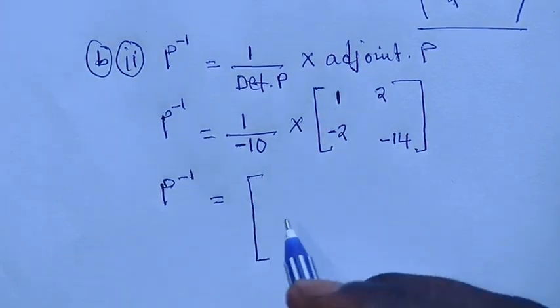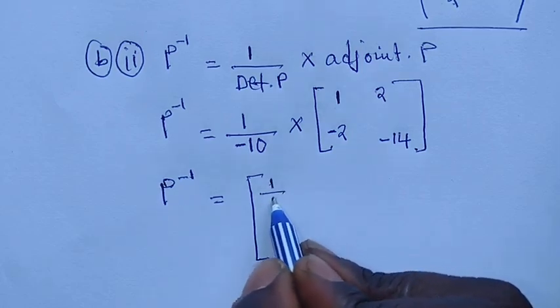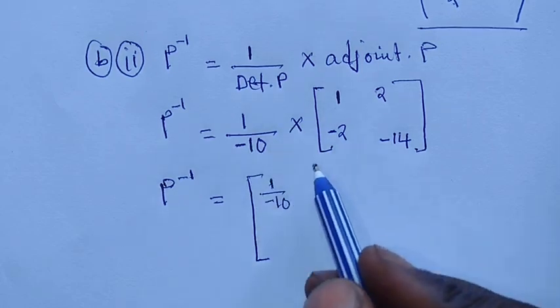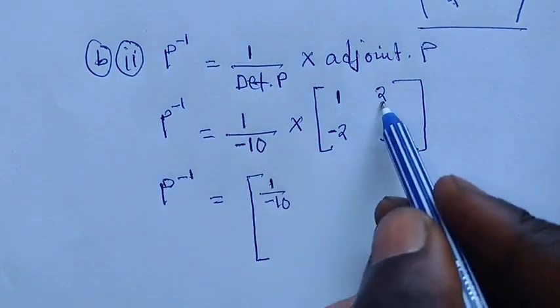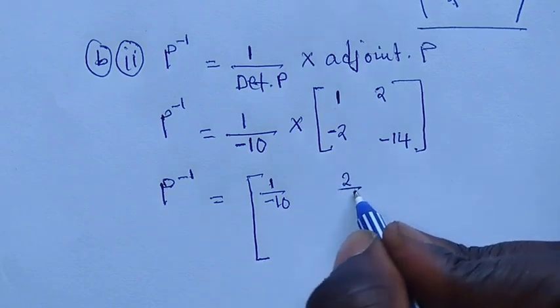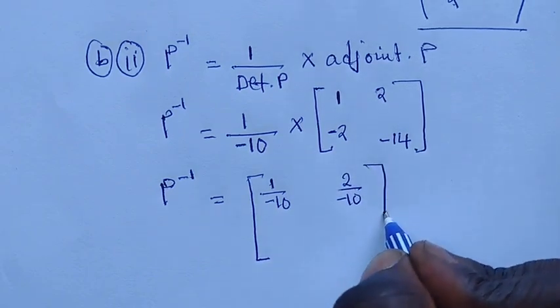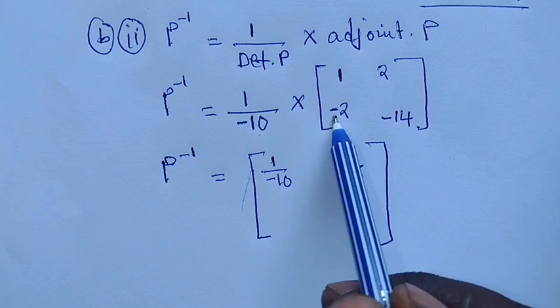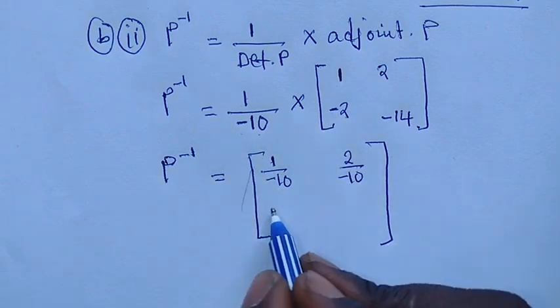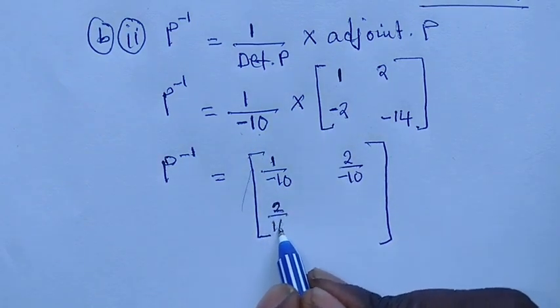This will give us our final answer where we'll get 1 over negative 10. I'll just multiply everything, then we do the simplification later on. So 1 over negative 10 times 2 gives us 2 over negative 10. Here 1 over negative 10 times negative 2, negative, negative, positive, so 2 over 10.